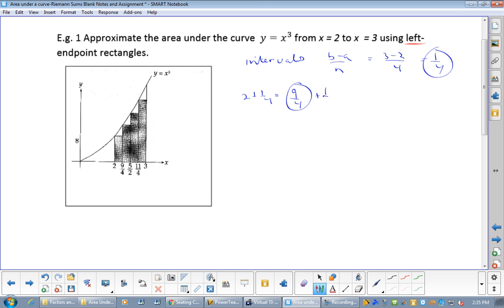If I added 1/4 to that, I would get 10/4, which is 5/2. Then I would add 1/4 and get 11/4, and then add 1/4 and get 12/4, which is 3. So we've got 2, 9/4, 5/2, 11/4, and 12/4.